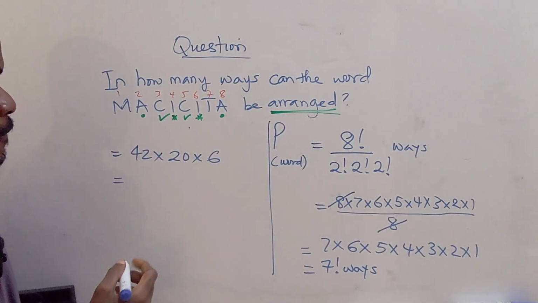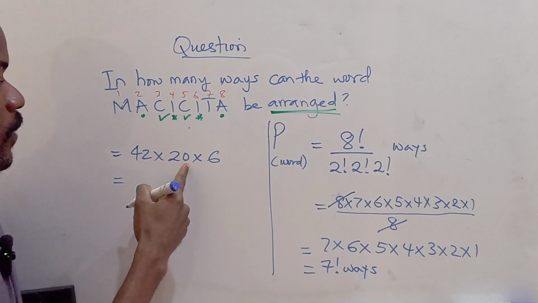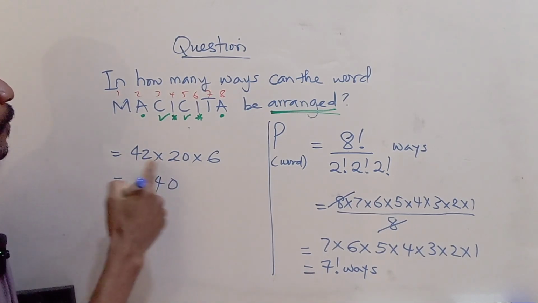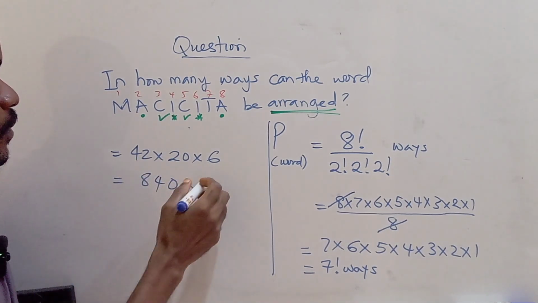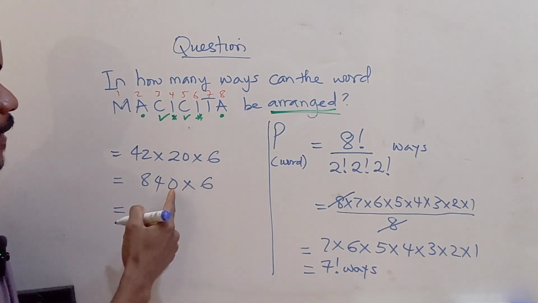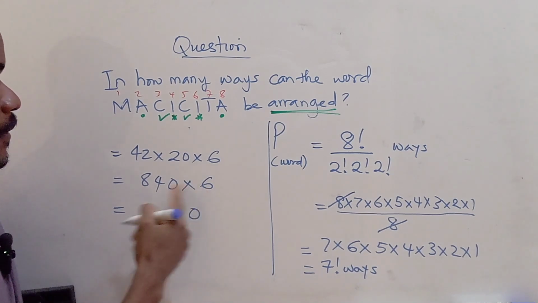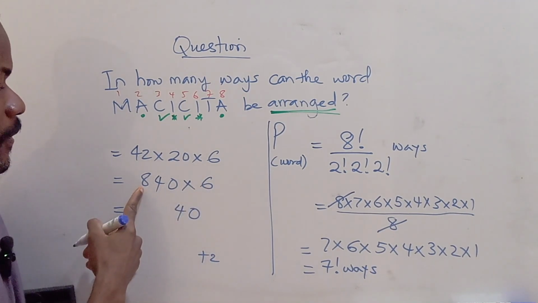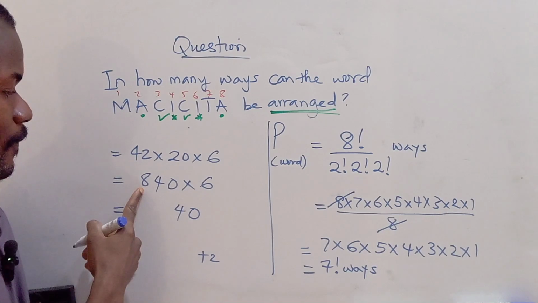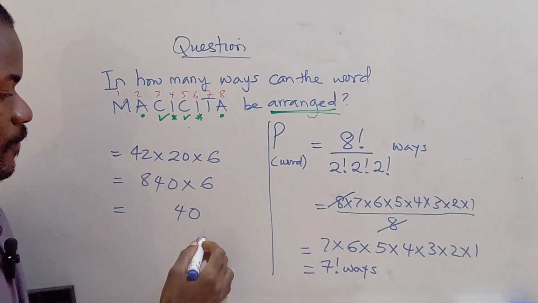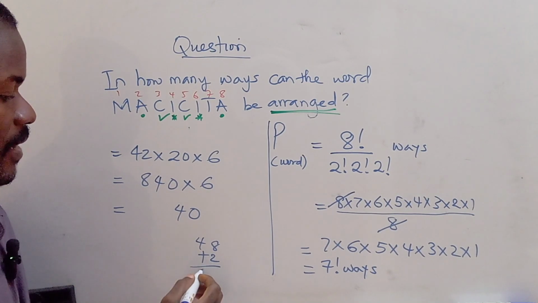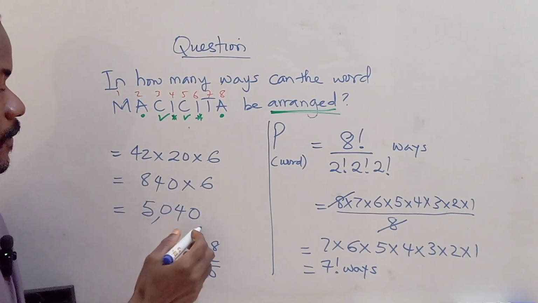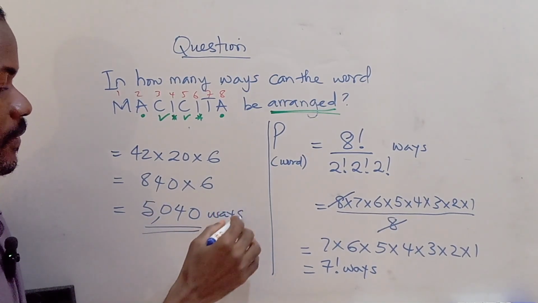So 42 times 20 is 840, and 840 times 6 gives us 5,040 ways.